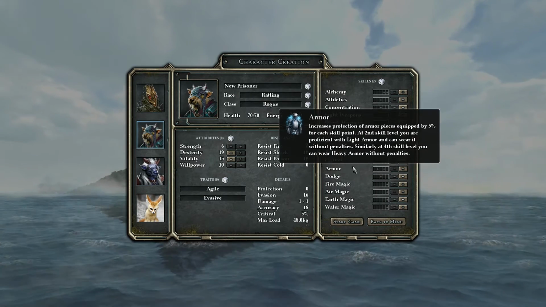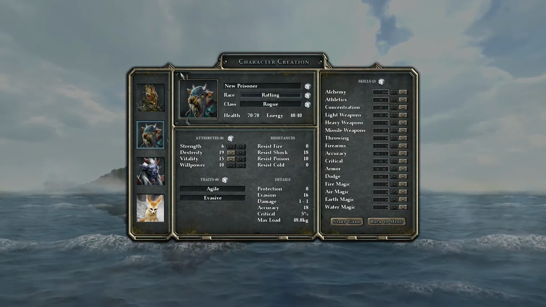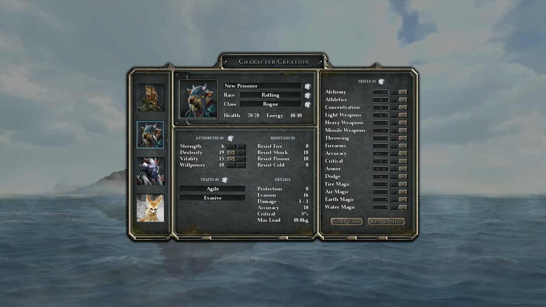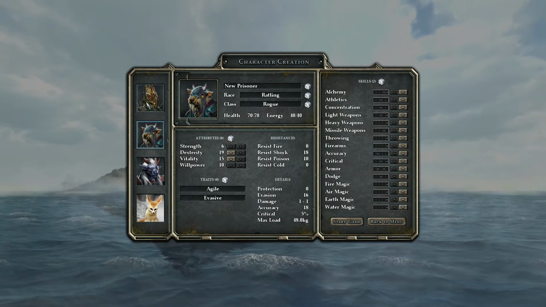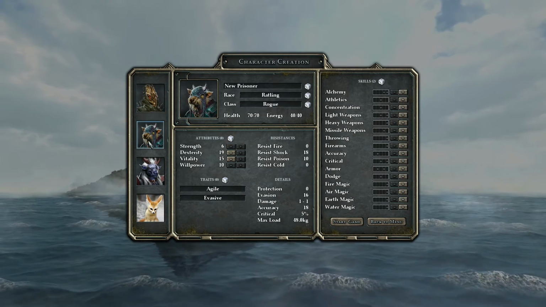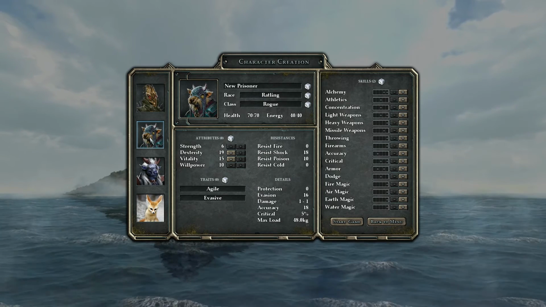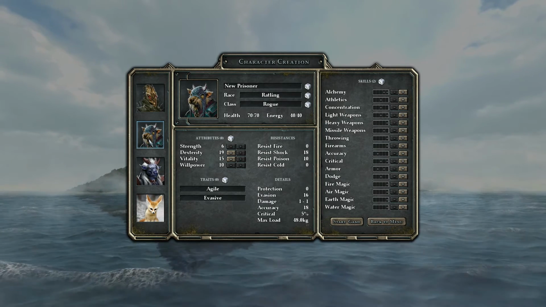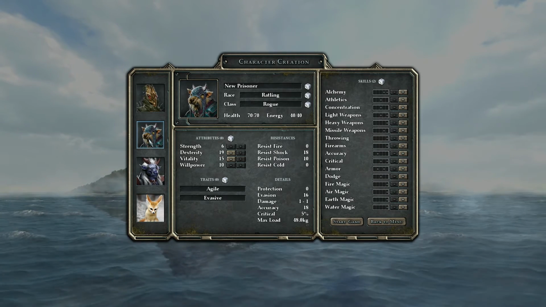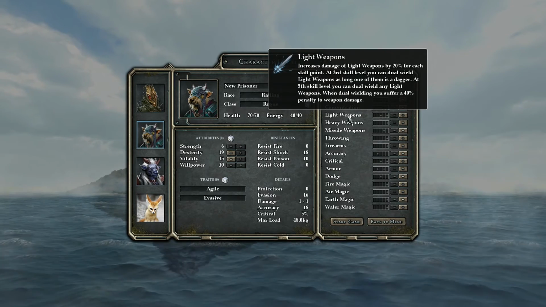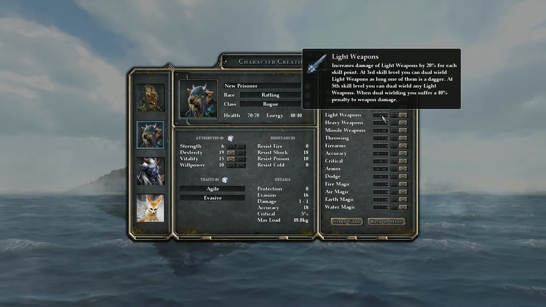Okay, so for our Ratling friend here, he's going to be one of our ranged and melee characters. So this guy is all melee. He's not going to really have a ranged weapon. This character, however, is going to have 2 daggers and a bow. He's going to try and buff up both at the same time. But he's only going to take daggers with light weapons up to rank 3.